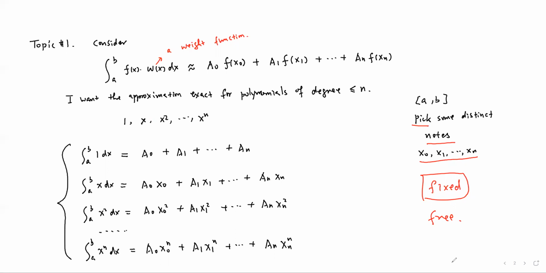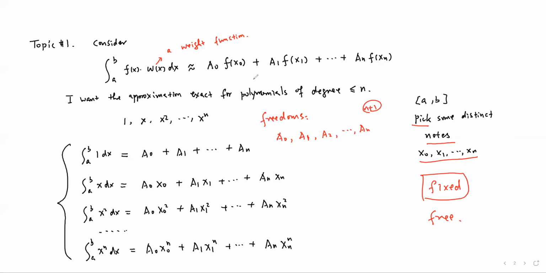Then how many degrees of freedom do we have if all the nodes are free to choose? How many freedoms do we have about this approximation? We have freedoms to choose the coefficients, so this is n plus 1 freedoms.